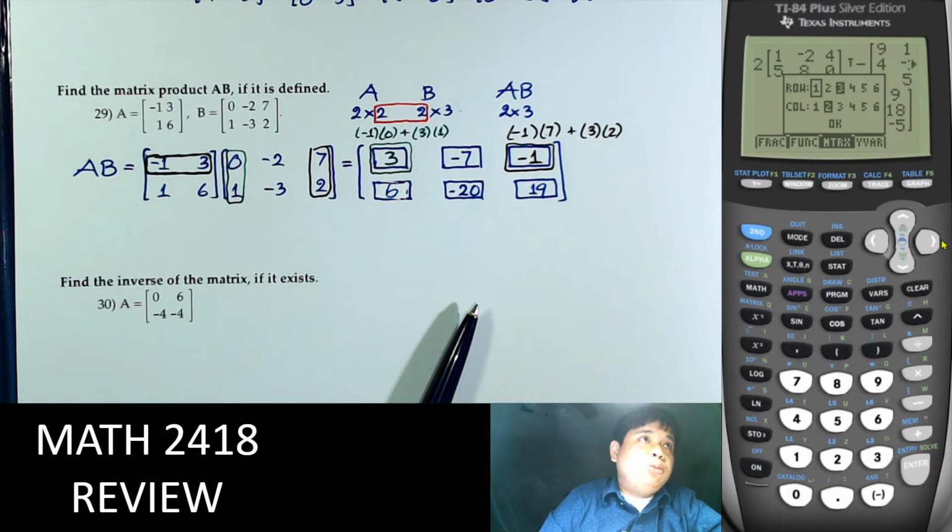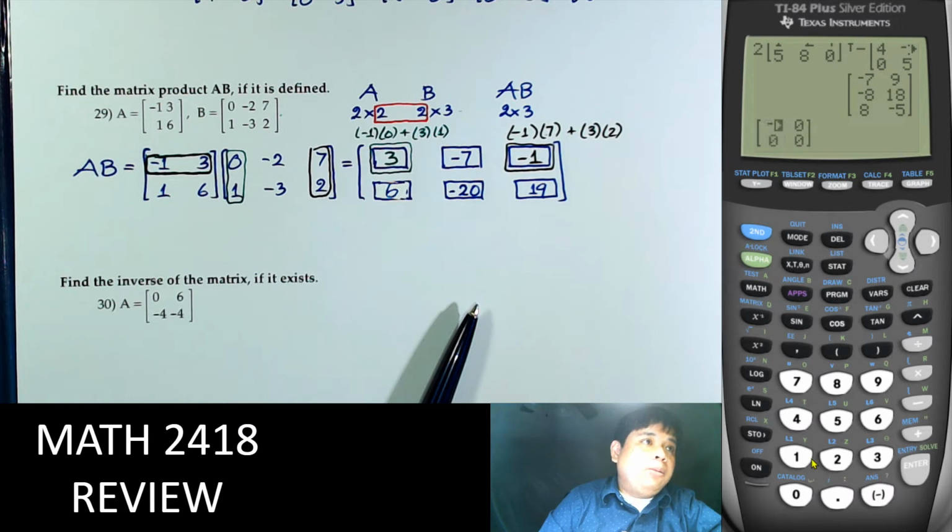Matrix 2 by 2 for A: negative 1, 3, 1, and 6, times the matrix 2 by 3: 0, negative 2, 7, 1, negative 3, and 2.